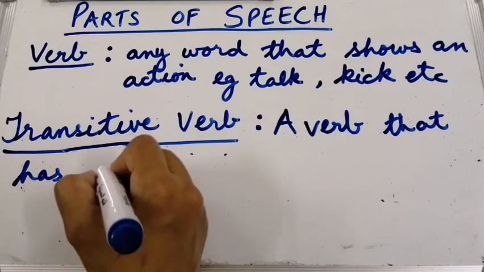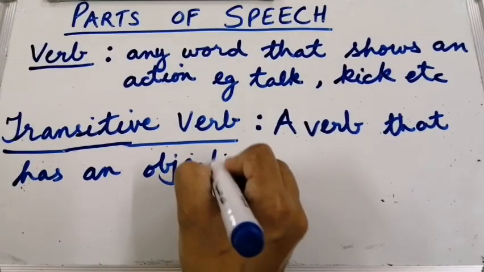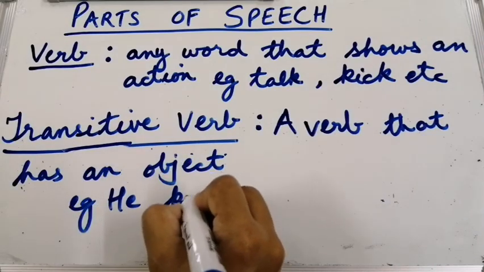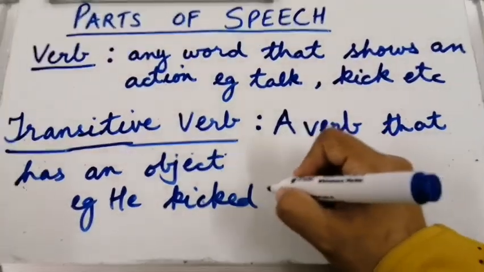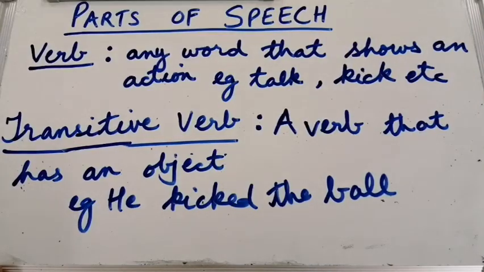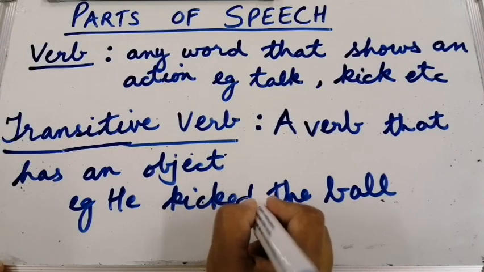Easy. A verb that has an object. And you can write the same example. He kicked the ball. Because the ball is the object. He kicked what? He kicked the ball.